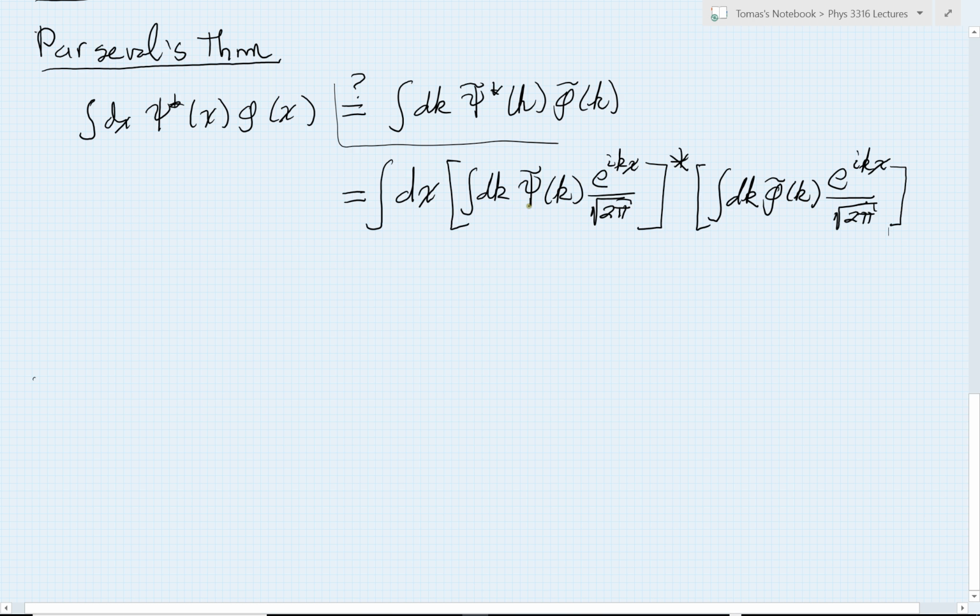It only exists to take on all possible values from minus infinity to infinity so that I can sum up my integral, and then it has no meaning outside of this bracket. So I have to make sure that that temporary variable isn't being confused with the variables outside of the bracket, such as this x variable for this dx. But dk is a different name from dx, so that doesn't present a problem.